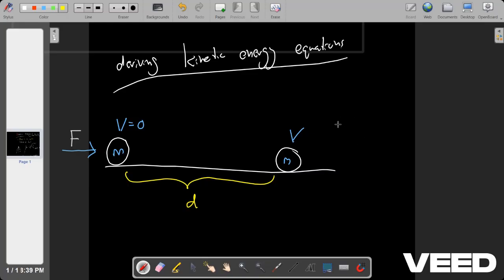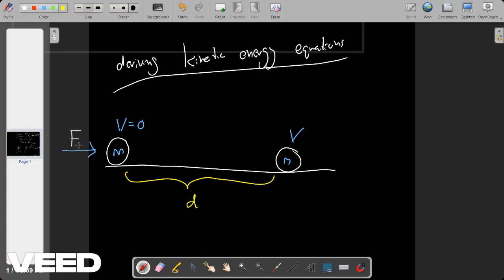Can you write an equation for the work done on this object? With your previous lesson you can remember, with force and d, write me an equation for work done on this object.